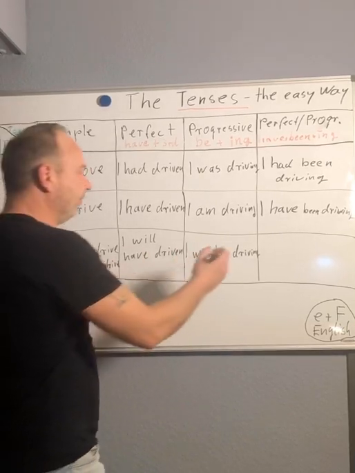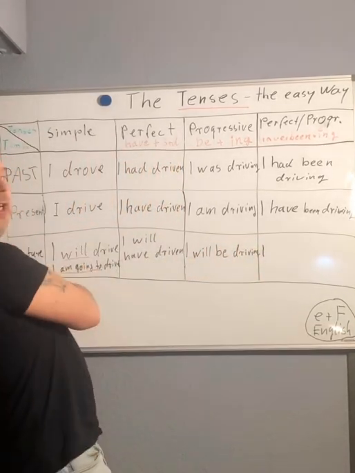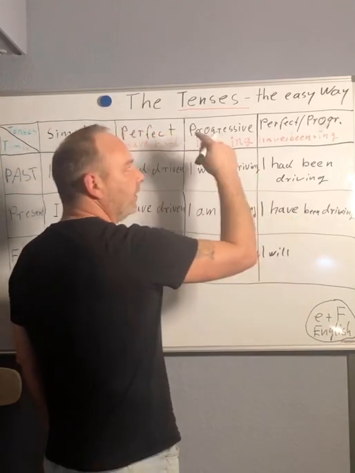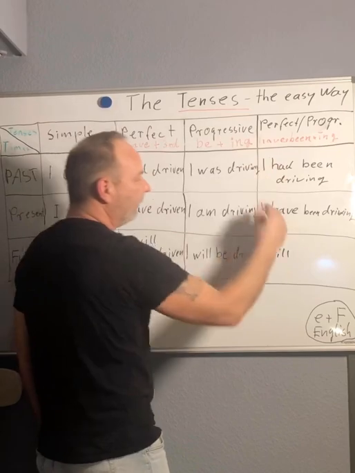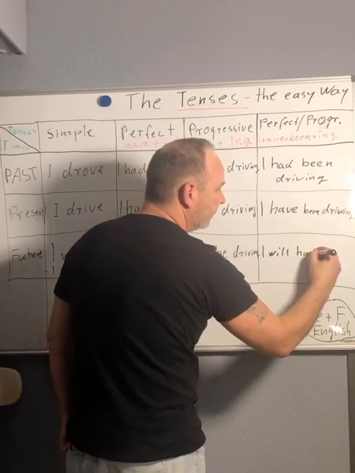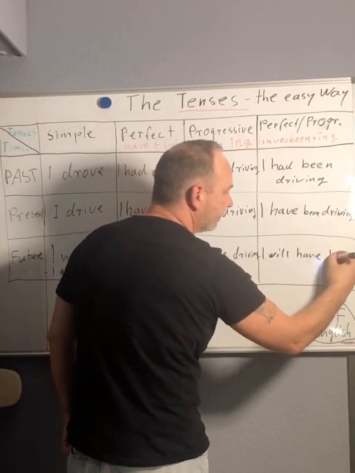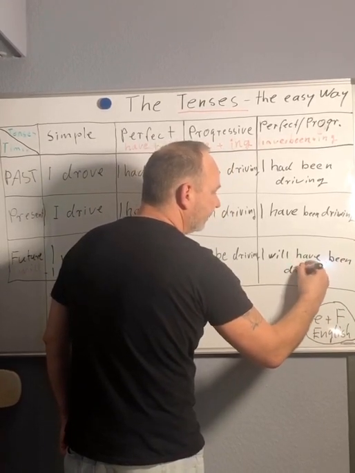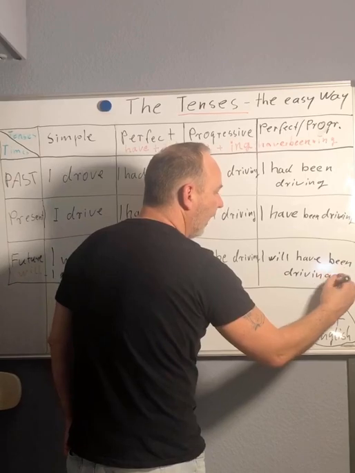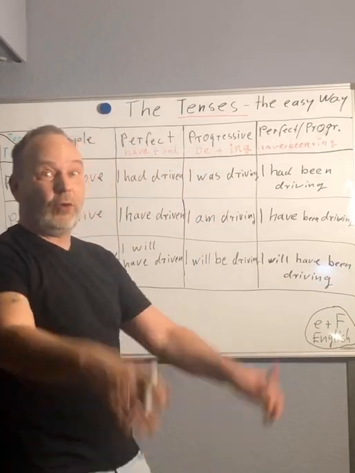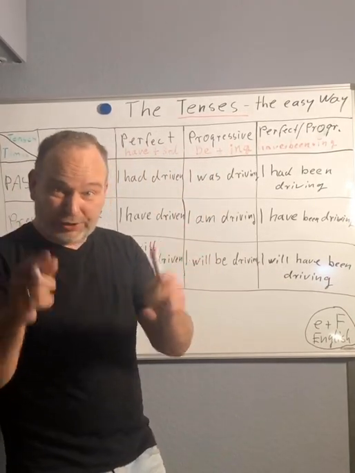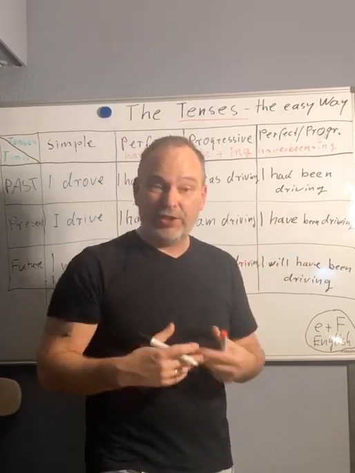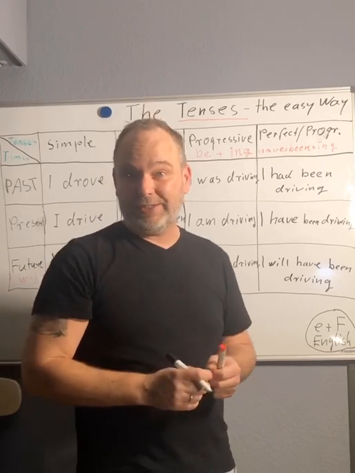So, our will from the future, and the rest: have been driving. I will have been driving for 3 hours before I will have a chance to stop for breakfast.